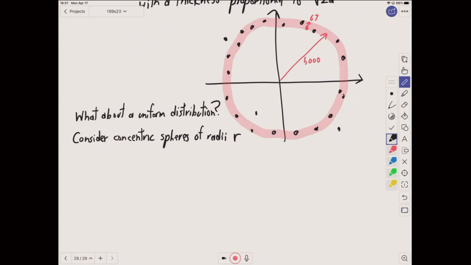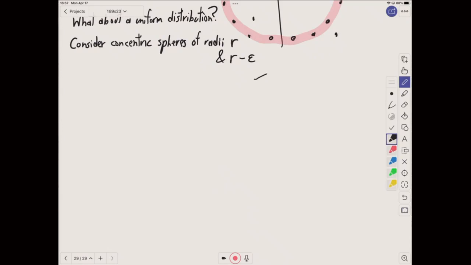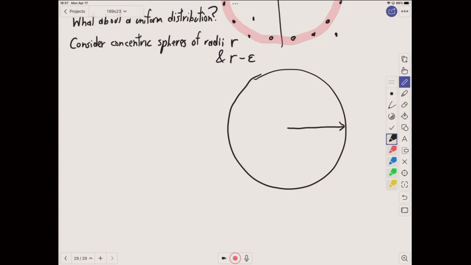And I'm going to have a second ball inside it with radius r minus epsilon, where epsilon is some small number. And so what I'm trying to accomplish here is to ask the following question. I'm generating a bunch of random points inside this ball with radius r, and I'm looking at a slightly smaller ball inside it with the same center, with radius r minus epsilon.